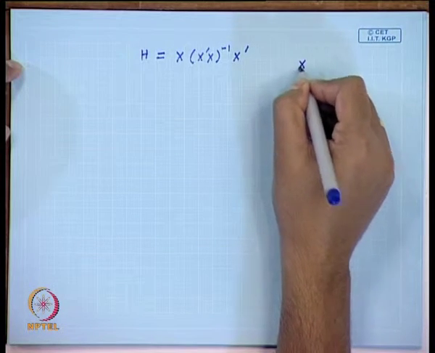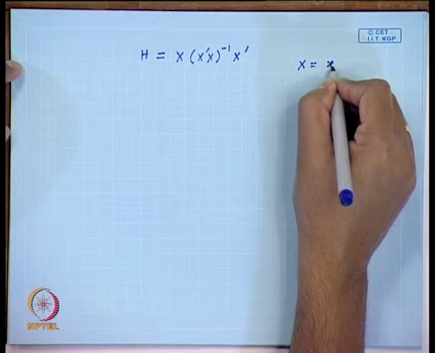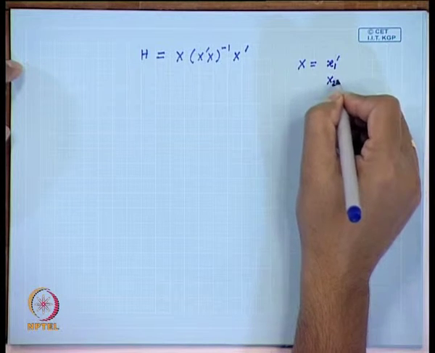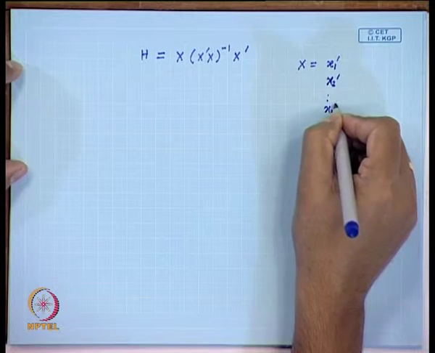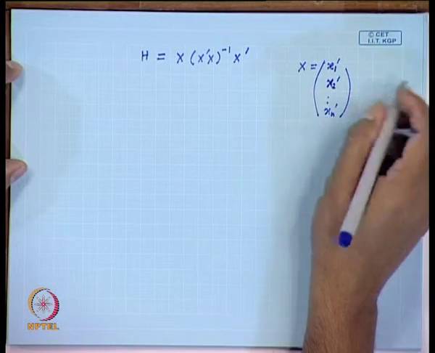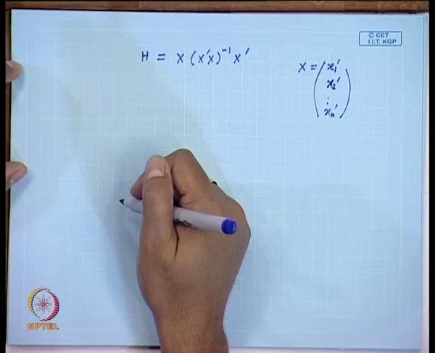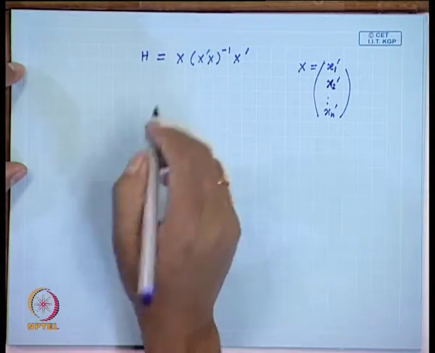So, X has the rows x1 prime, x2 prime, ..., xn prime. So, xi prime is associated with the ith observation, right. Now, I am interested in the ith diagonal element of this hat matrix.